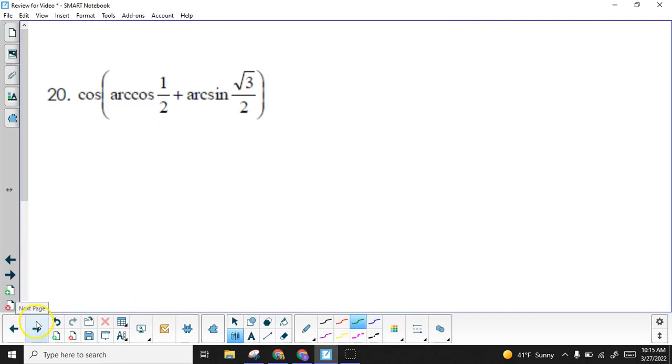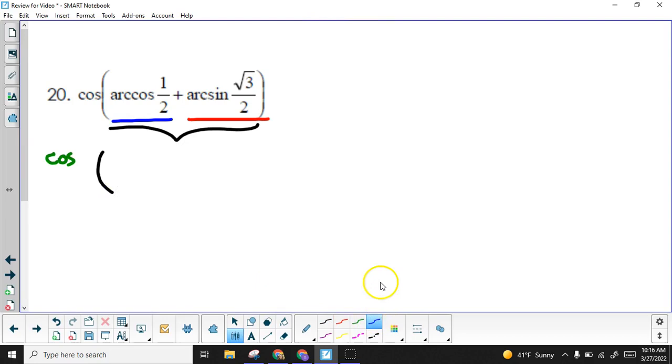And for our last one on the front, the cosine of the arc cosine of 1/2 plus the arc sine of root 3 over 2. So again, we are going to be taking the cosine of all of this. We need to calculate all of this. So we'll do the arc cosine of 1/2, find the arc sine of root 3 over 2, and then we'll add them together. For the arc cosine of 1/2, what angle has a cosine value or x value of 1/2?